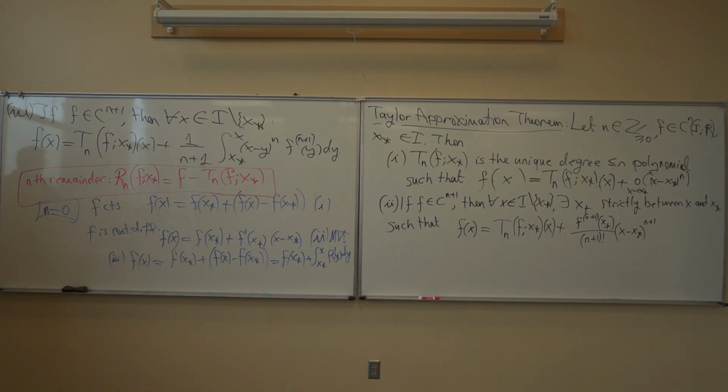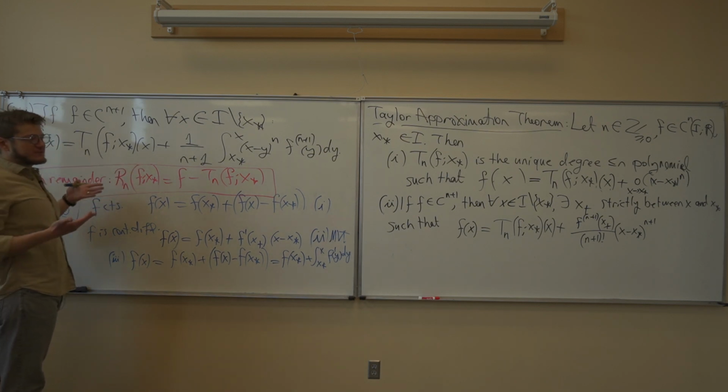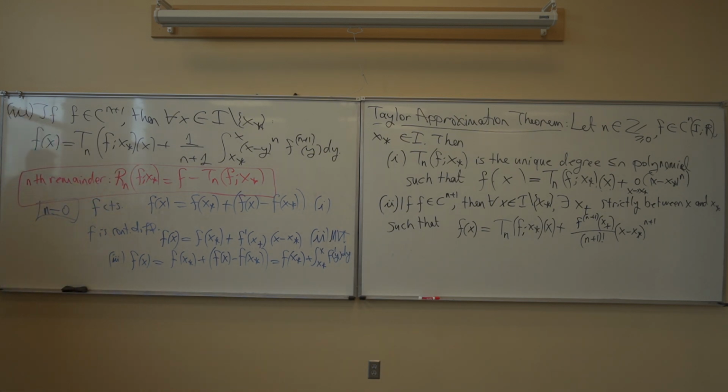So in a sense, item 1 in Taylor approximation is pretty much the definition, item 2 is the mean value theorem, and item 3 is the fundamental theorem of calculus, but for higher derivatives. Any questions about this? We're going to have to spend Friday's class proving at least some of these items. It looks scary, I know, but it's something you're familiar with. Trust me. Any questions?